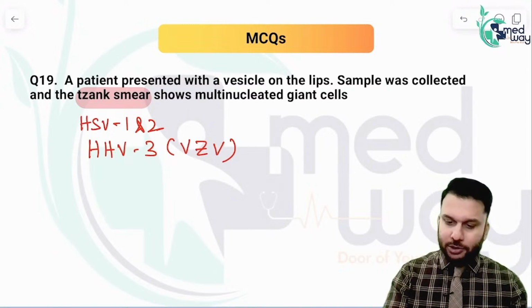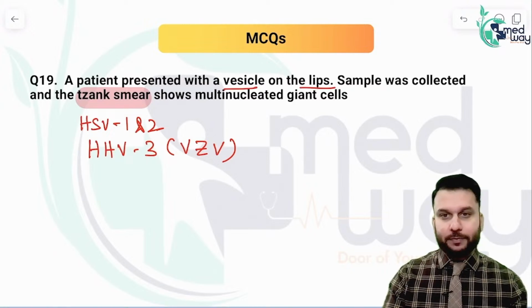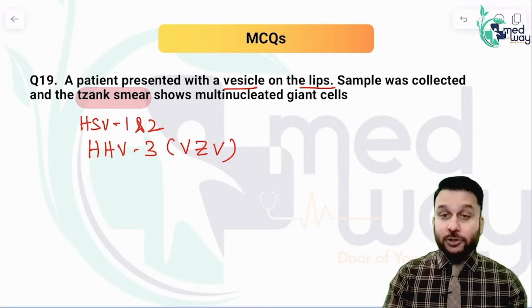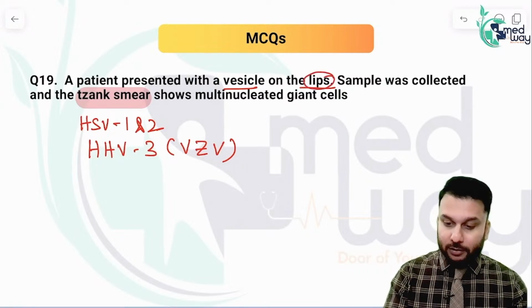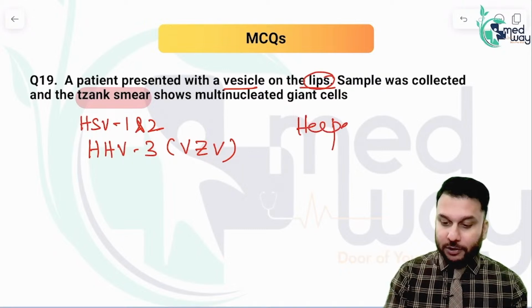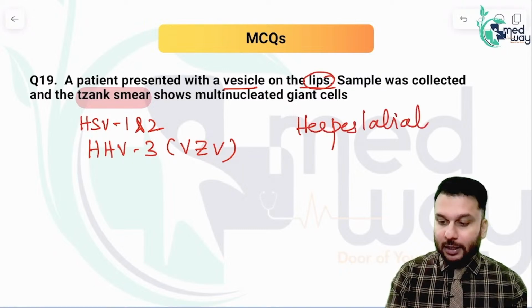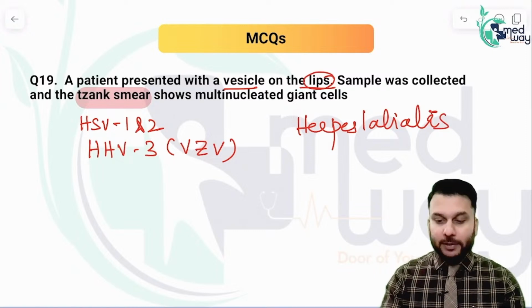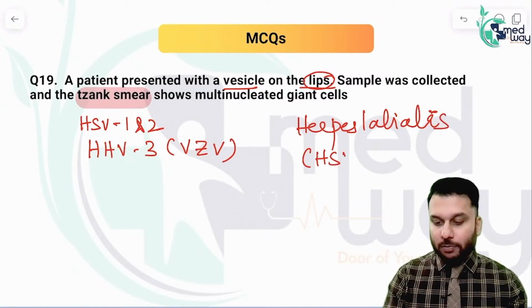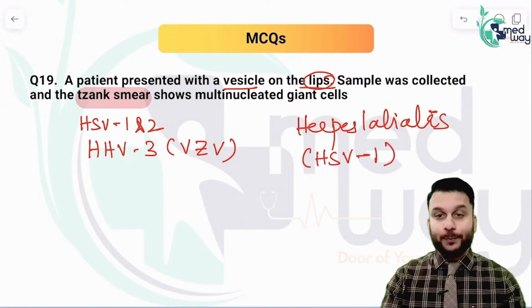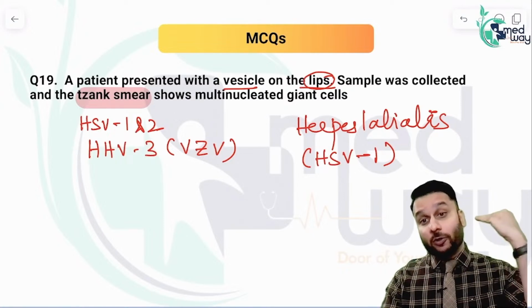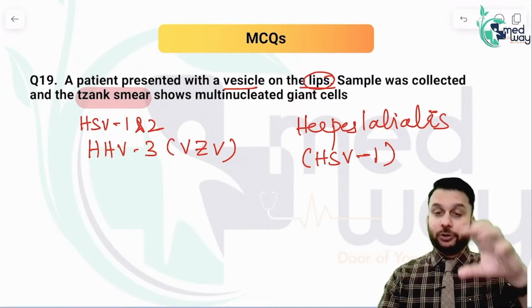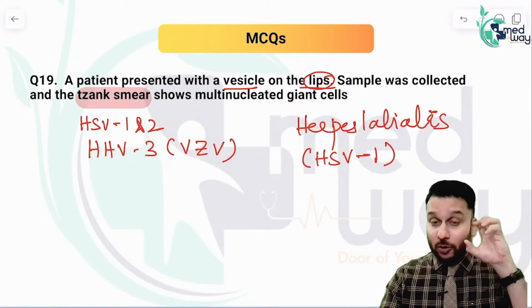But since they mentioned vesicles on the lips: one characteristic of herpes is usually fluid-filled vesicles. On the lips, they're talking about an infection called herpes labialis, which is caused by HSV1. And how did I ask you to remember this? Number 1 means always on top. So remember, number 1 is always on top.